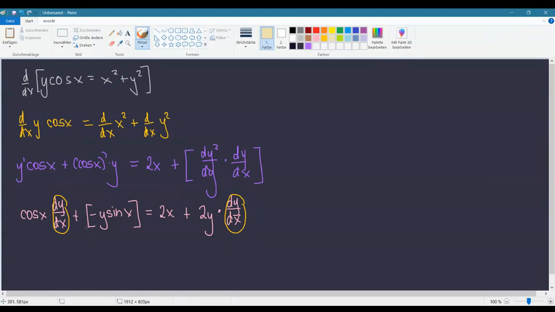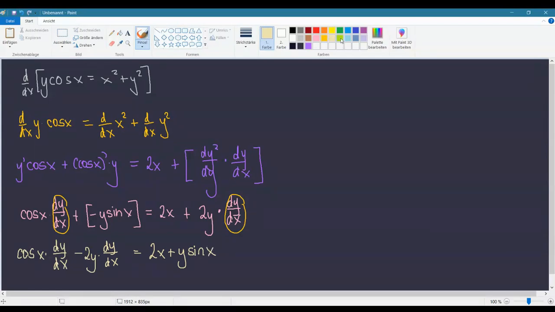So we're going to add y sine x to the right and subtract 2y times dy/dx so we get it on the left. And we're going to end up with cosine x times dy/dx minus 2y times dy/dx equals 2x plus y sine x.